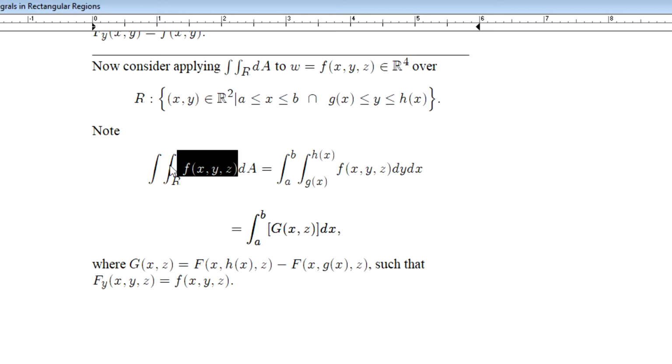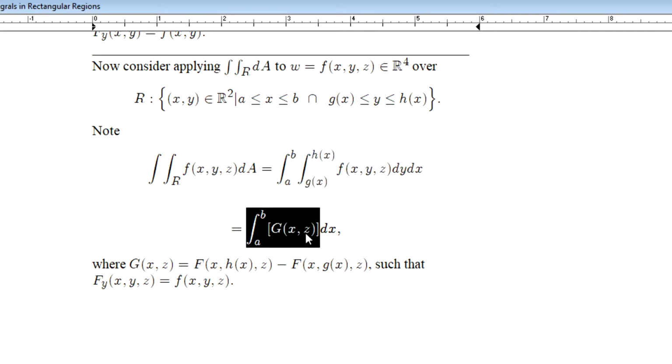All right. Note, if we apply the double integral operator to a four-dimensional surface, the first iteration of integration is going to produce this result.